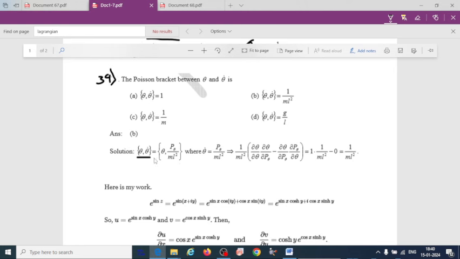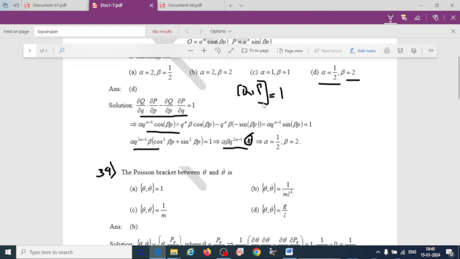Here theta is as it is, and theta dot is what here? P theta divided by ml square for the given Lagrangian. If we substitute the theta dot value here, then we have the Poisson bracket theta comma p theta by ml square. This 1 divided by ml square is a constant. You can take it outside the bracket and write the expansion of this bracket, like in the previous solution, as we have taken q comma p.